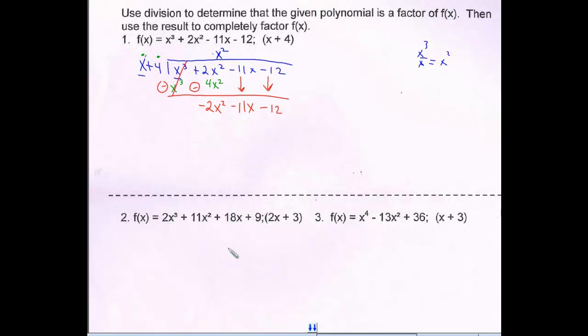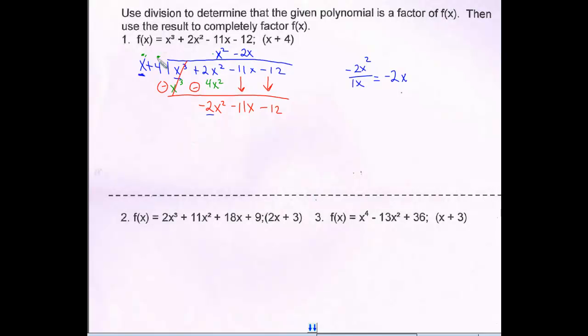And let's begin again. Divide the first terms. Negative 2x squared divided by x. 1 goes into negative 2 times, and subtract the exponents since we're dividing, so that's going to be negative 2x. Line it up over the negative 11x.